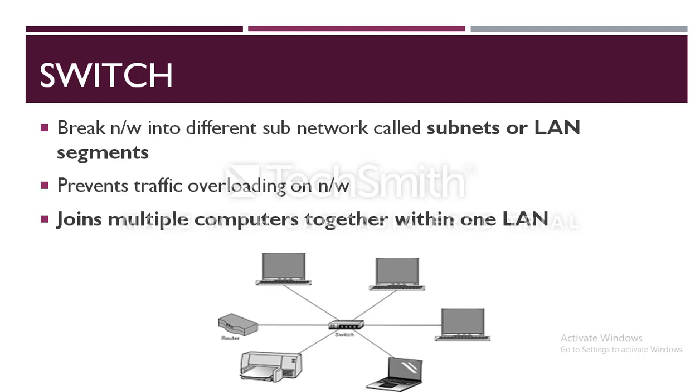Network switches appear nearly identical to network hubs, but a switch generally contains more intelligence than a hub. We can say that a switch is an intelligent hub, but it is more expensive than a hub.